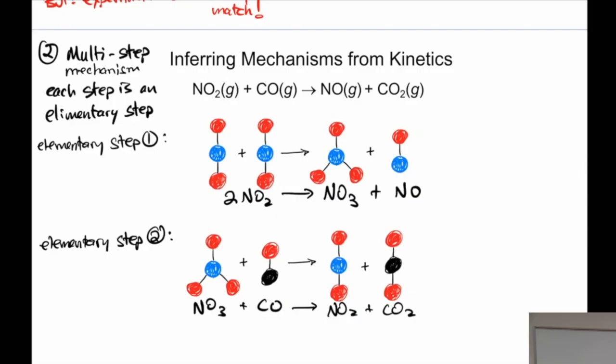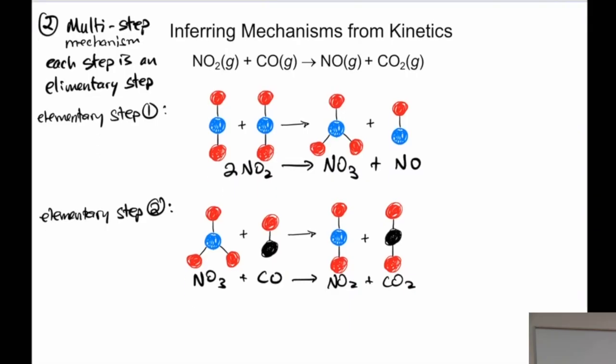And these add up, using the reaction arrow as our equal sign. Now, NO3 is not listed anywhere up here. There's no NO3 here. But I've introduced that in my hypothesis. In doing so, it's created in step 1, and it's consumed in step 2.